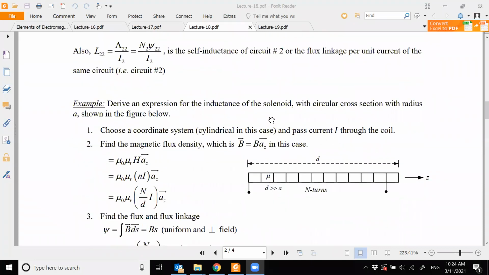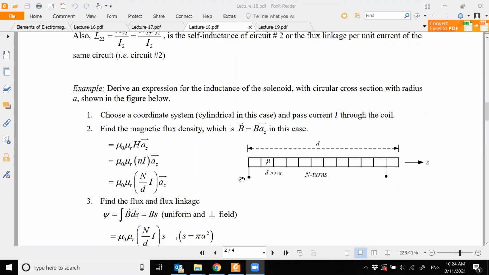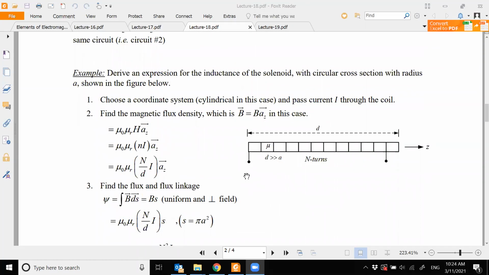So here we are now taking an example of a solenoid. The example is saying that we need to find the expression for the inductance of a solenoid. If you see here, it is not showing whether it is self or mutual. Why?